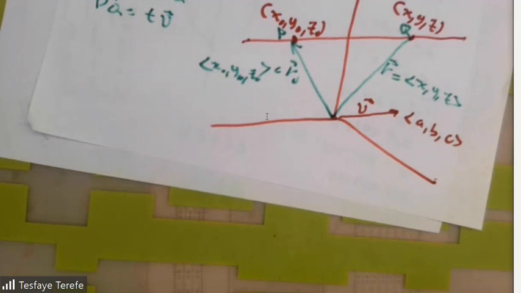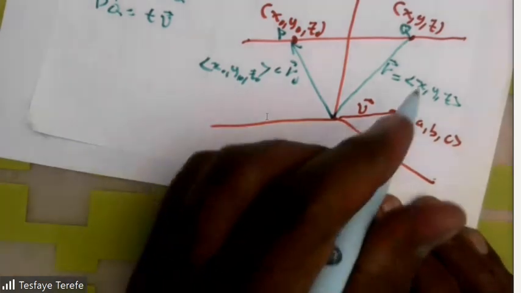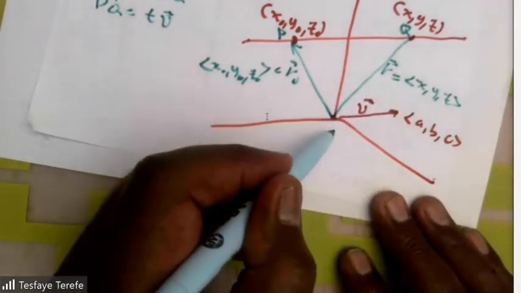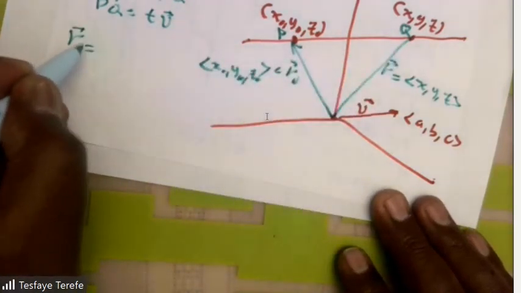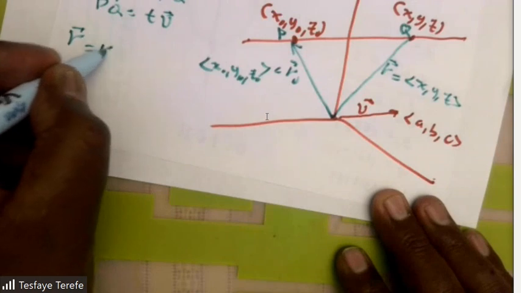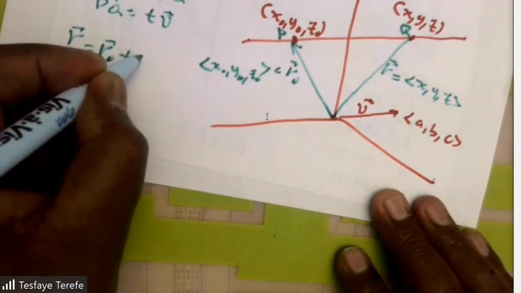Then what do we come up with? Vector R equals R sub 0 plus vector PQ.